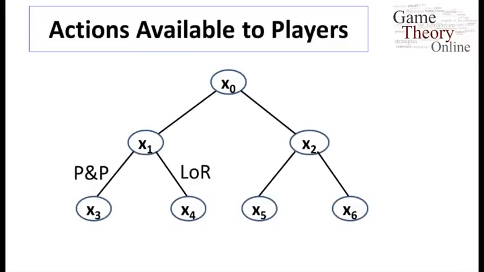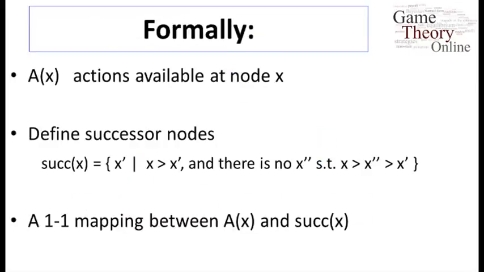The next thing is to say what players can do. So we need to specify the set of actions. So, for example, say that at this node, the two actions available are choosing Pride and Prejudice or Lord of the Rings. And so for that, we need to specify the actions available, and it better be the case that each action takes you to some successor node.